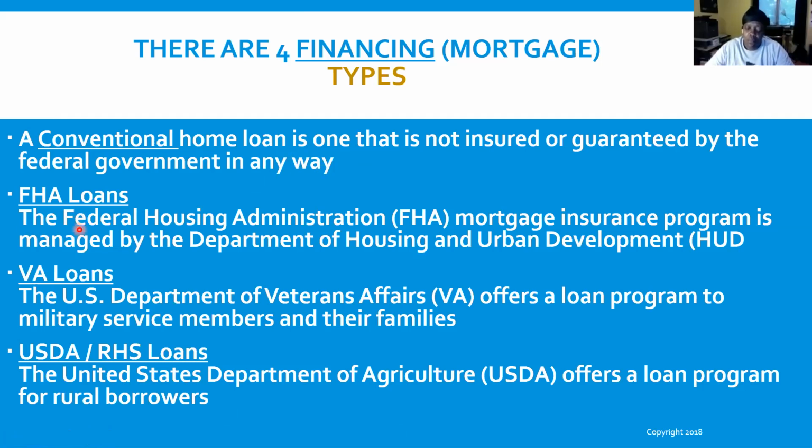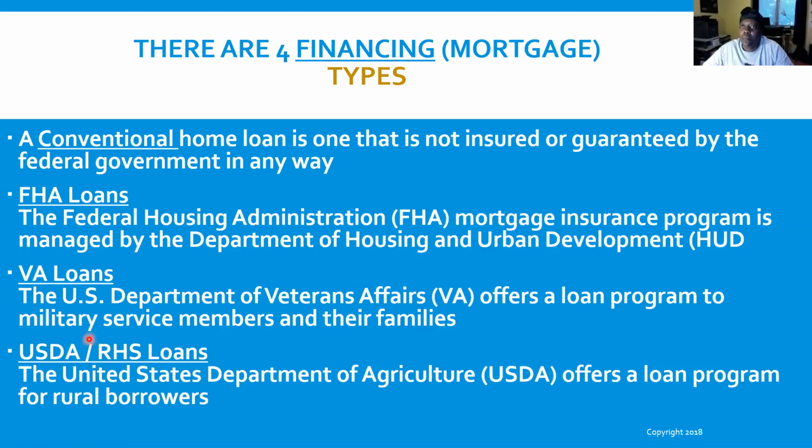An FHA loan is insured by who? Federal Housing Administration, which is called an FHA. So it's an FHA loan. And that means that the FHA is going to make sure that a lender gets paid in the event there is a default.